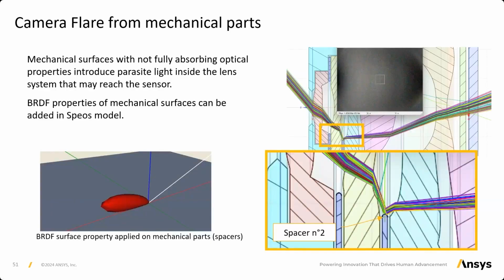Now this is the second contribution. From the optomechanical part, we can put BRDF properties on surfaces. So we can describe the way the surfaces may reflect the light into the system, and we can get the contribution of this stray light on the sensor.